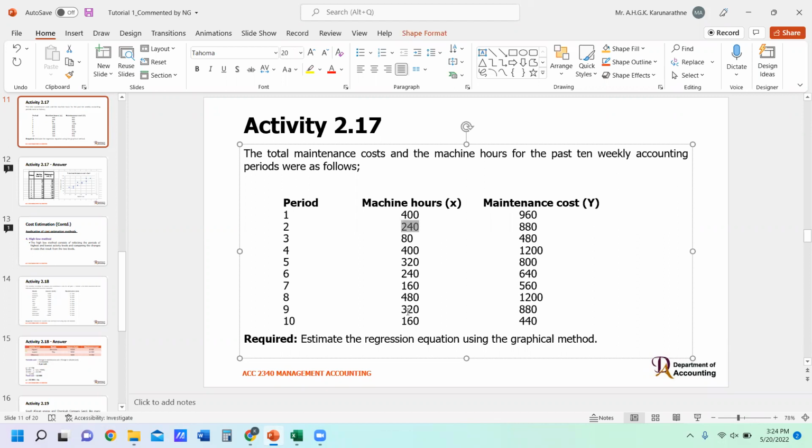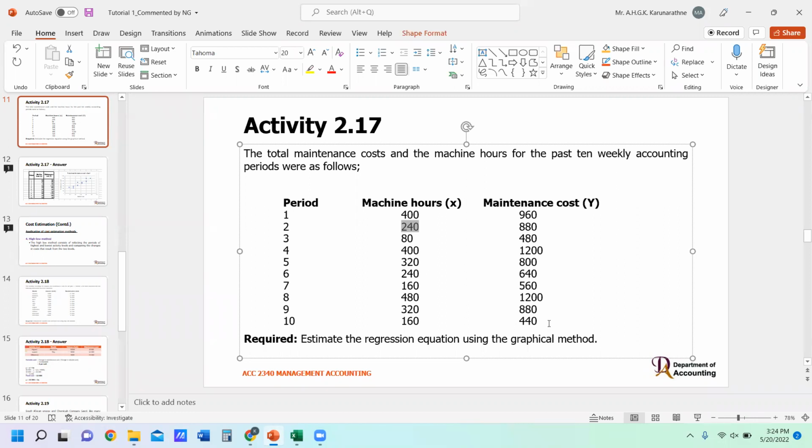Let's assume the management is now planning to prepare the budget for the 11th week. Using our past observations, we can predict our 11th week's maintenance cost.